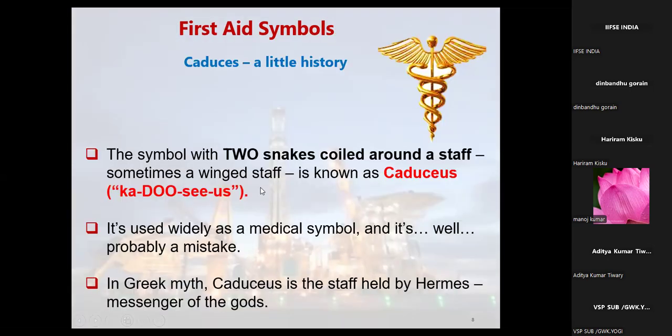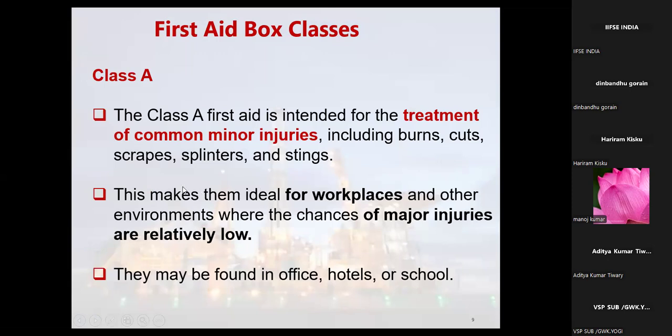See, first aid box, class A. This is also type A, with high risk and low risk. There are two types of first aid boxes, high risk and low risk. Now we are going to see depending upon the class. Class A first aid is intended to treat common minor injuries, including burns, cuts, splinters and stings.